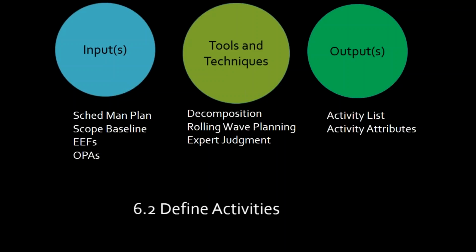So we've taken the output, and I don't want to say output, because remember we're progressively elaborating this, but we're taking the scope baseline in whatever form it is at the particular time and further decomposing it. And remember I told you about rolling wave planning, right? This is a project management tool that's used when we have multi-phase projects. There's no sense in planning to detail all 5 phases yet.